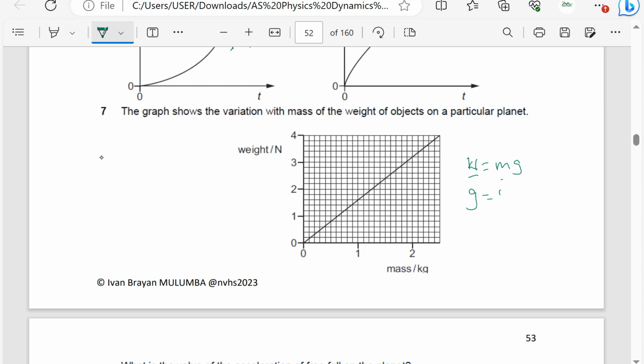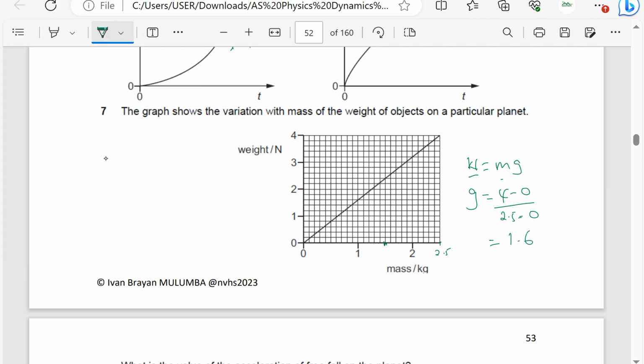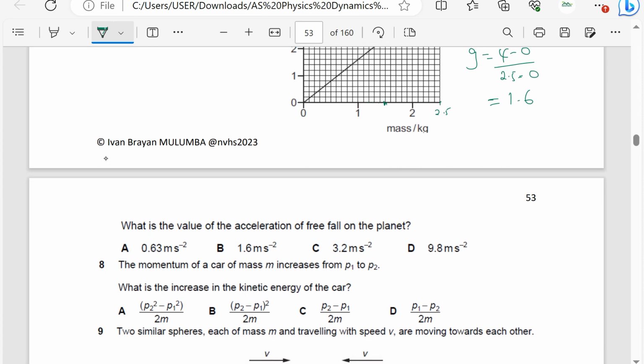So g is simply 4 minus 0 divided by 2.5 minus 0. 4 divided by 2.5 is 1.6. So this could be close to the moon. So this is 1.6 meters per second squared.